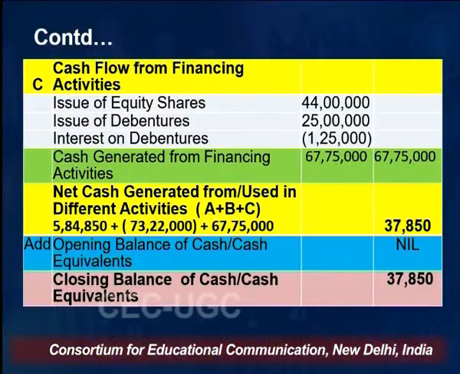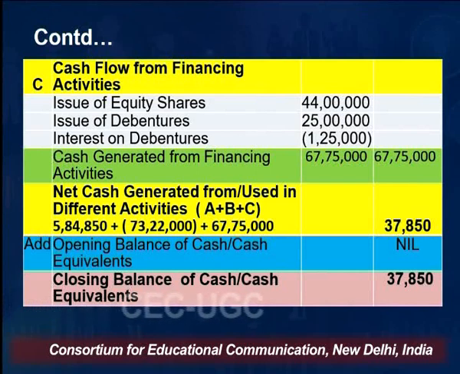Now the third activity is cash flow from financing activity. All non-current liabilities will find place here under financing activity. Issue of equity shares, we'll assume that there was no previous equity value, so the entire amount of 44 lakh results into cash inflow. Issue of debentures, 25 lakh, again a cash inflow.